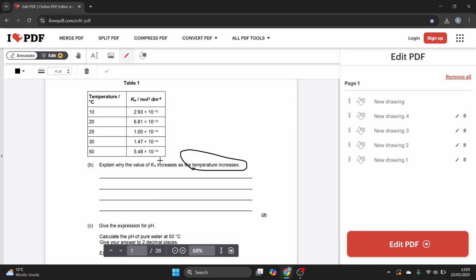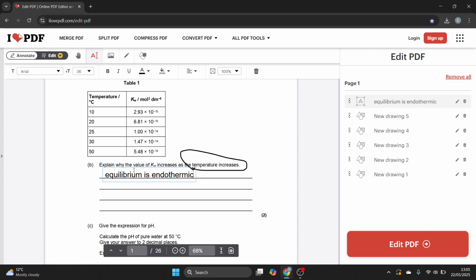So, explain why the value of KW increases as temperature increases. I'm going to say the forward reaction is endothermic, so equilibrium shifts to the right hand side to oppose the increase in temperature.